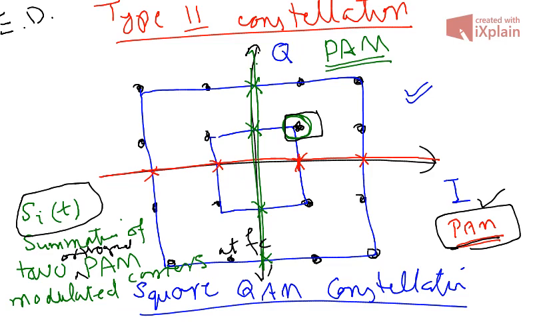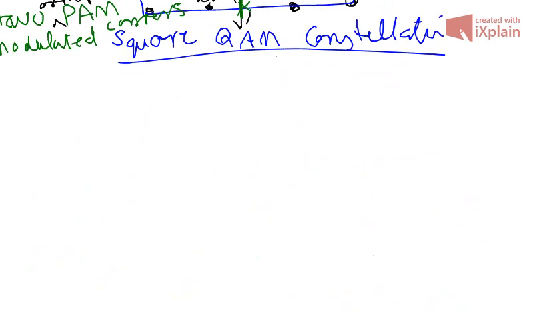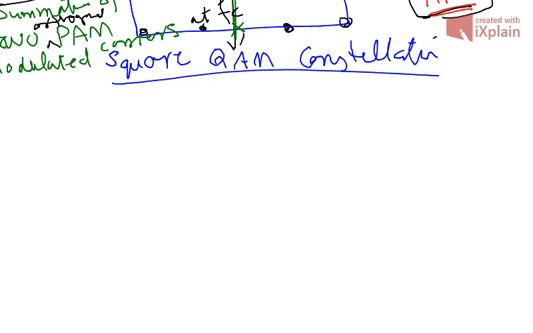Now, with this knowledge, if you want to find out the magnitude of s_i, the mod of s_i, which is actually the square root of the energy of the signal, right?